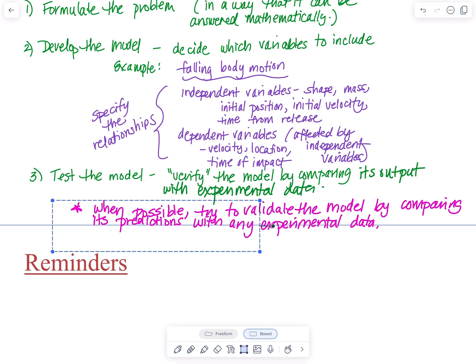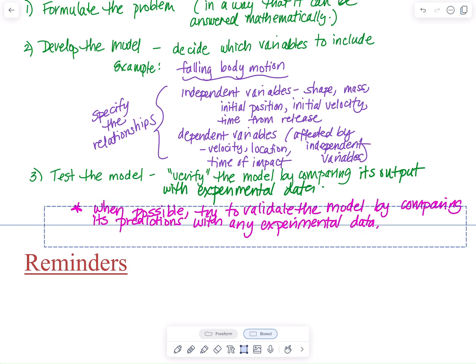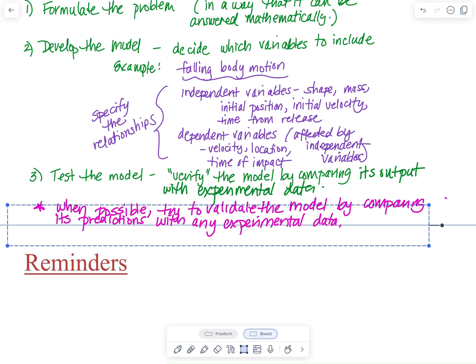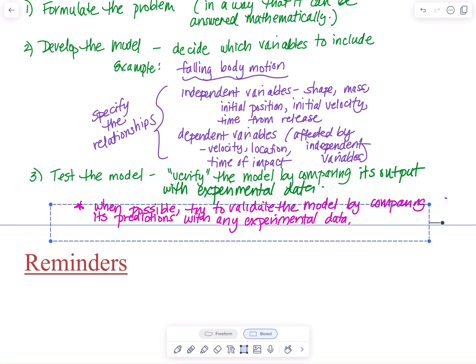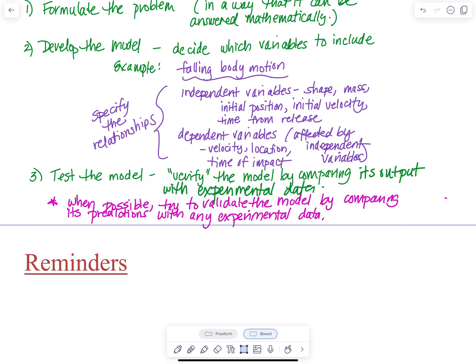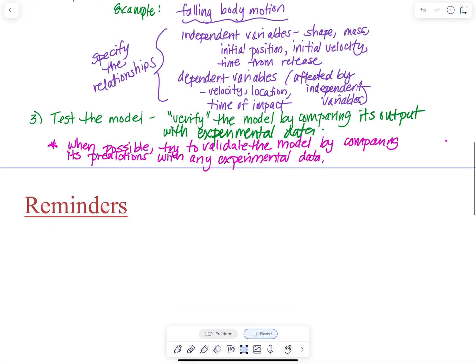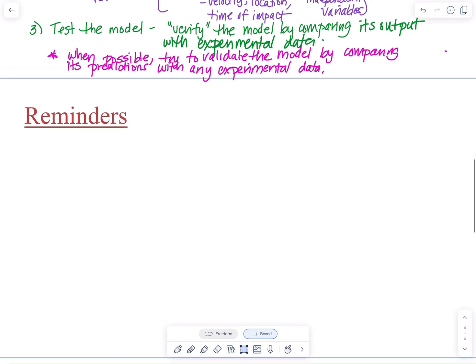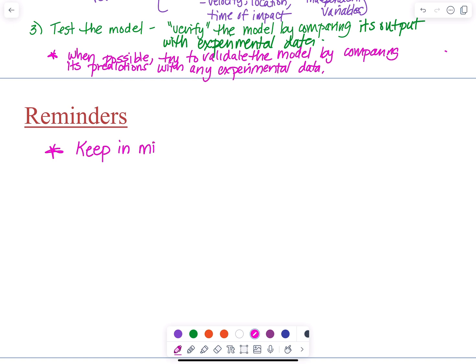Okay, and then all we have to really do now is to go ahead and talk about some reminders. And those reminders will include keeping in mind that a model is a model.